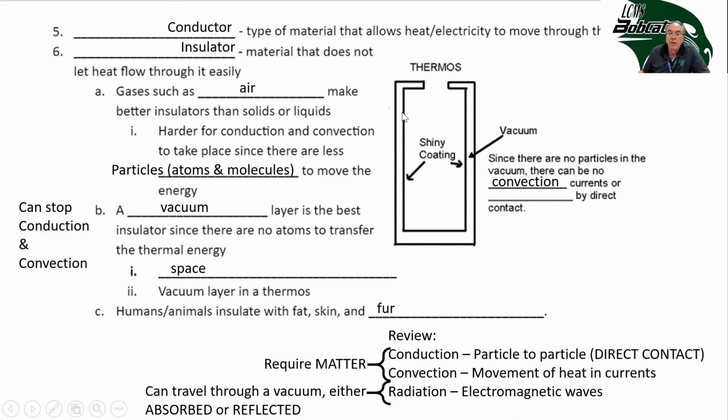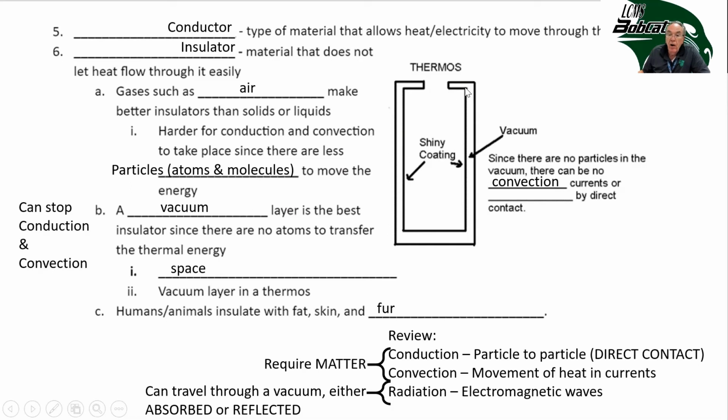So if we look at a thermos like this, some thermoses have a double lining. They have the outside lining, and then they have an inside lining. The inside area where you put the liquid you want to keep warm is often coated with a shiny coating. In between the inside layer and the outside layer is a vacuum space.